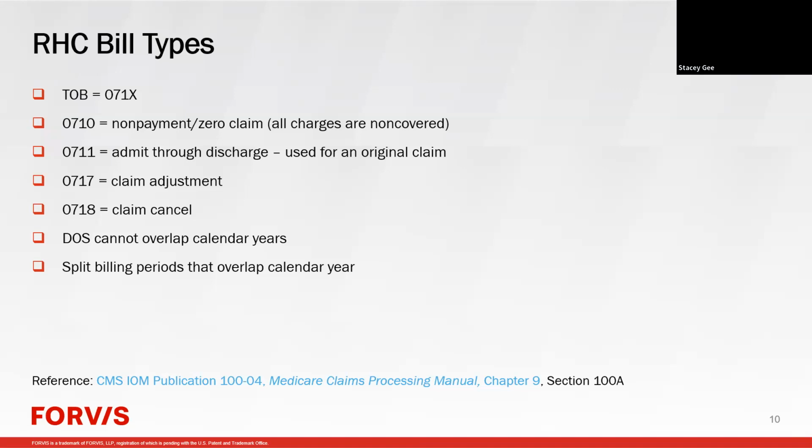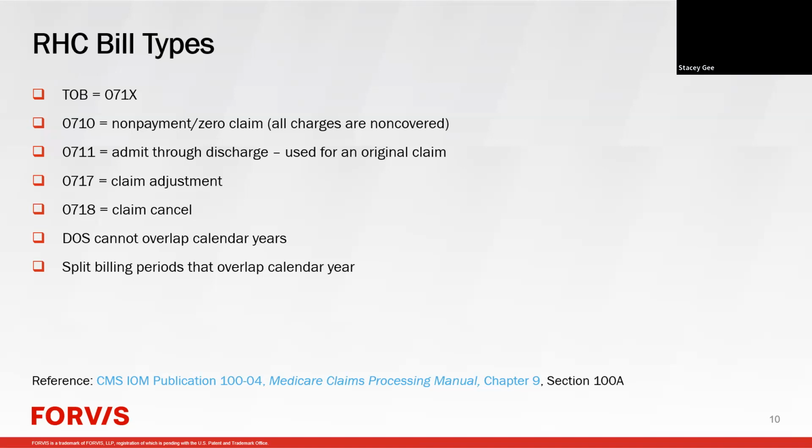You've made some sort of adjustment, revision, something changed on that claim from the original submitted data. And then 0718 is a canceled claim, or that you are canceling that claim altogether.